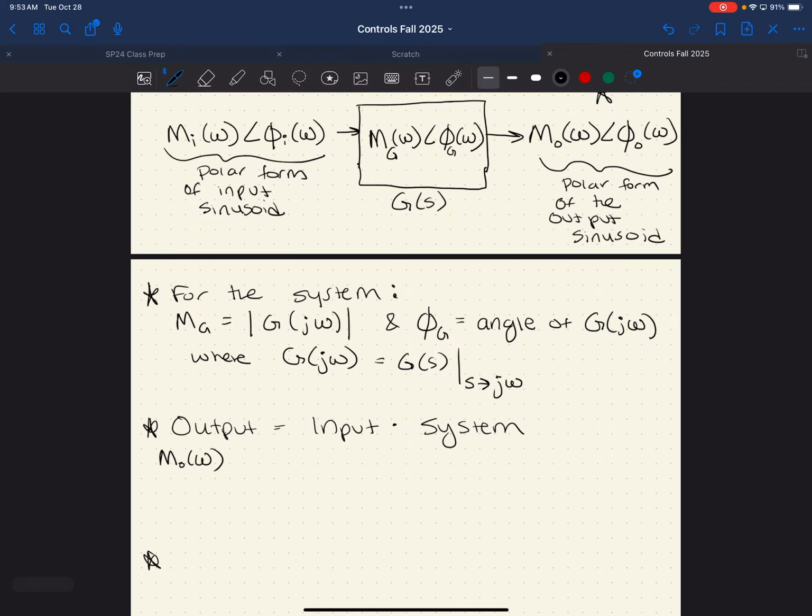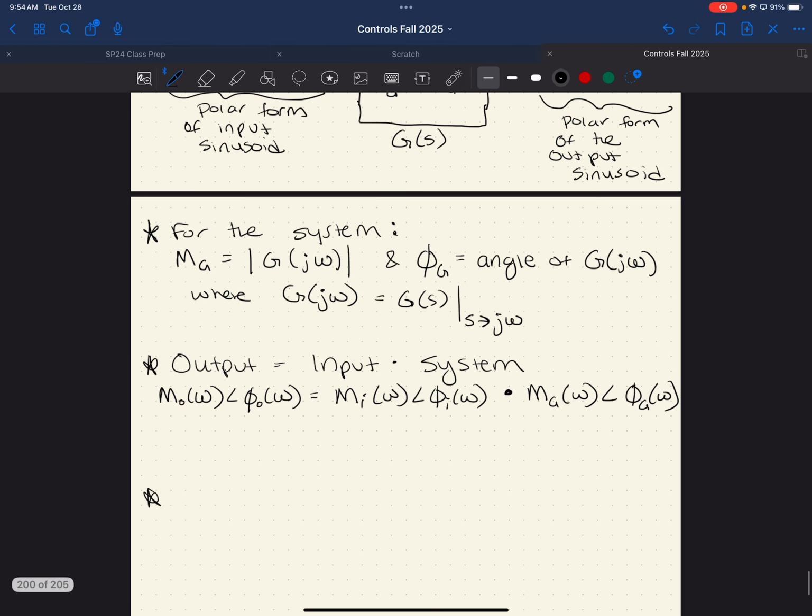So M output angle output is equal to M input angle input times M_G angle phi_G. And what do we know about multiplying the polar form of a complex number? What do we do?